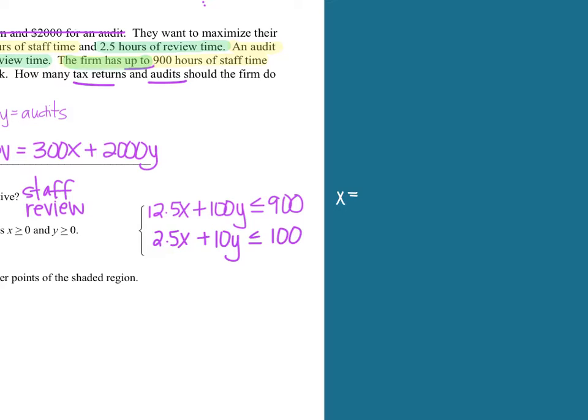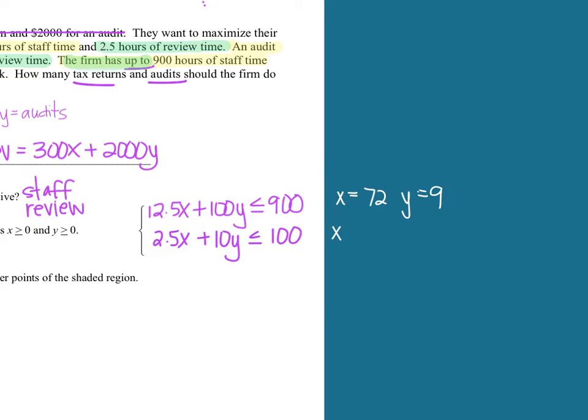Let me try that again, 900 divided by 12.5. 72. There we go, that's better. And then the Y value for that intercept would be 900 divided by 100, so 9. So I need to connect 72 and 9.